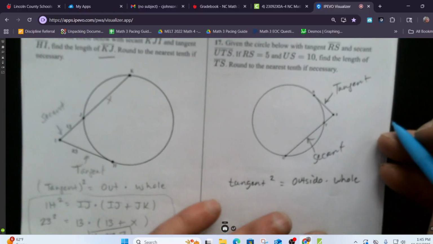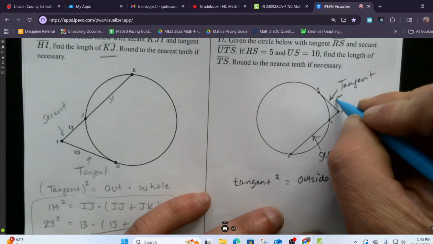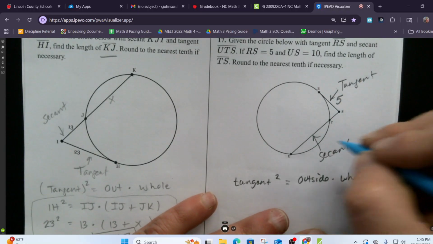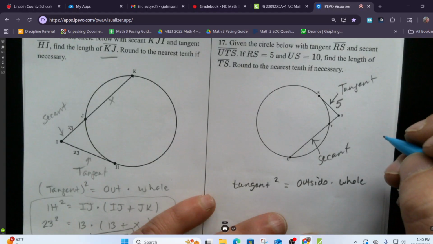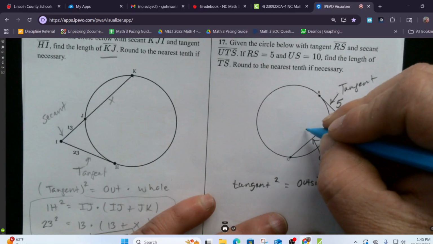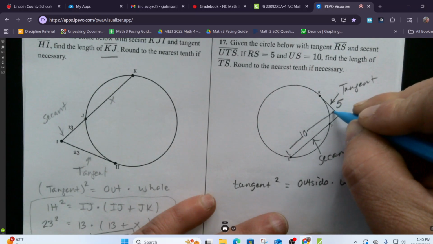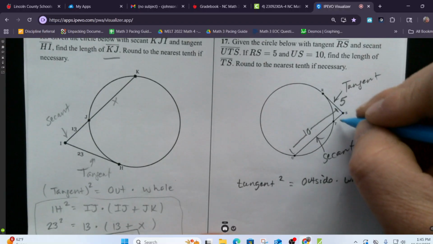It says RS is 5, US is 10. So the whole thing is 10.